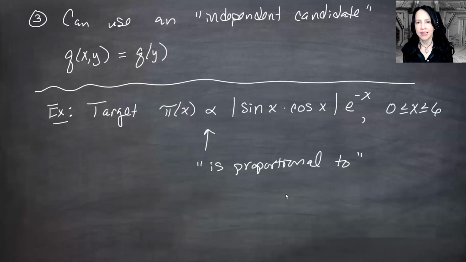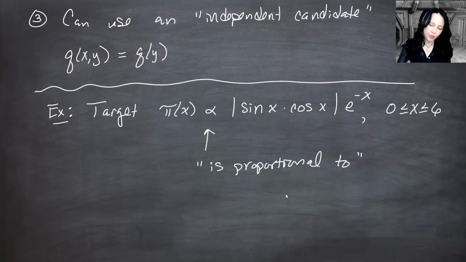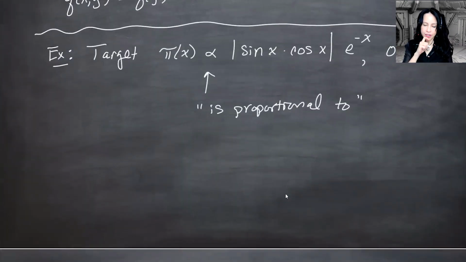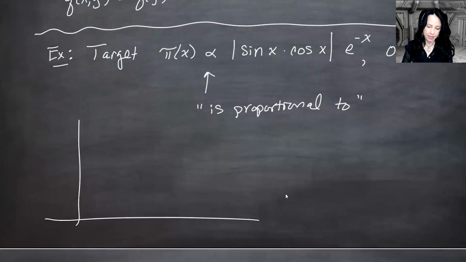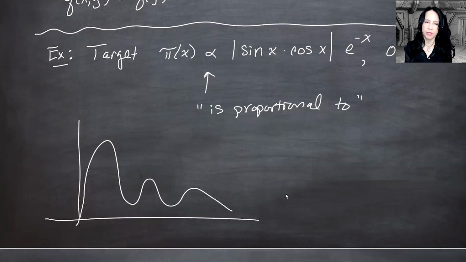In that case, if you integrate it, by yourself or with Mathematica or something, you get a constant of like 0.3 something. And you can put a 1 over that 0.3 something in front of it to have the full PDF. Okay, so this is a very funny looking PDF, and I'll show it to you. I'll draw one. It's like this, but these bumps are leaning backwards.